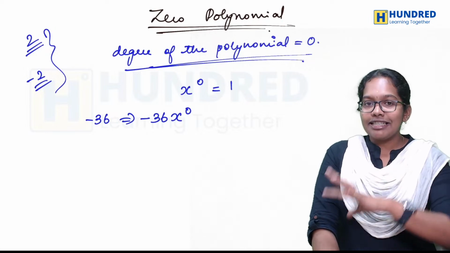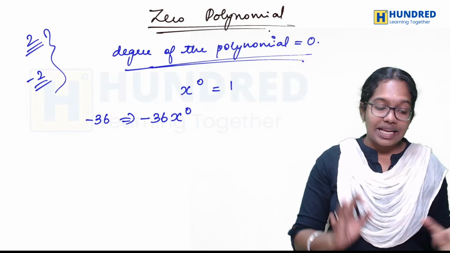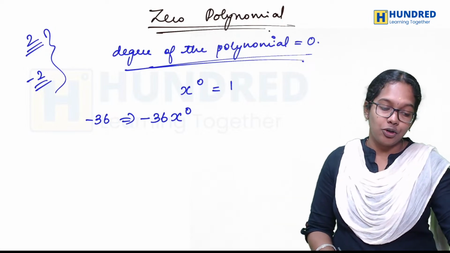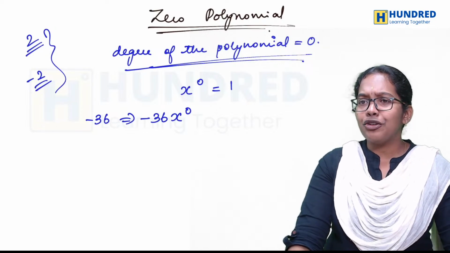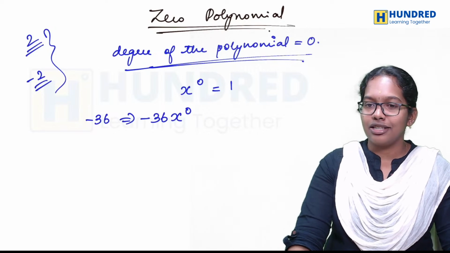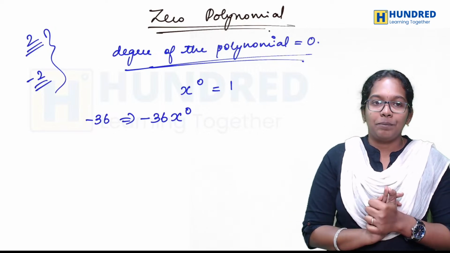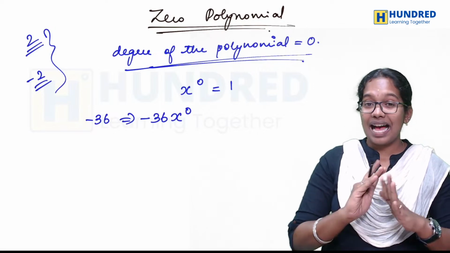Are you guys clear up to this? These are the basic things you have to know about polynomials. If you are thorough with this, then there is no problem; this is the actual basic thing.